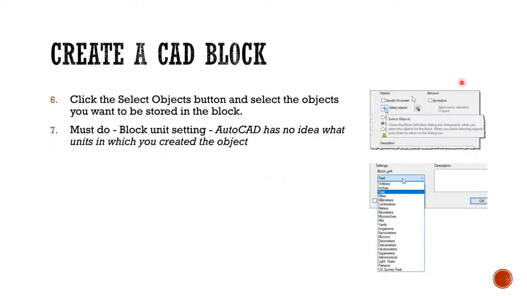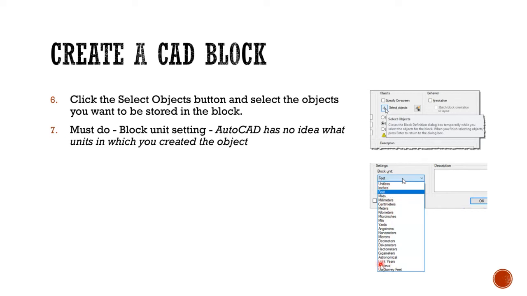Then you have the select objects option here, and then you have to select your units. This is a very important thing, because if you don't do this, it is not going to fit into any of your drawings. You cannot do scaling, or it's going to be a very weird scale. So never forget this step.